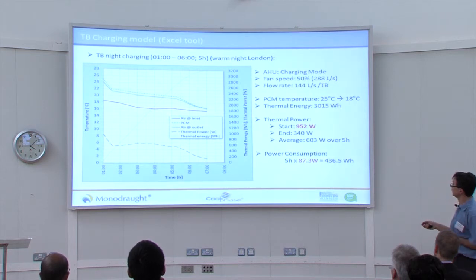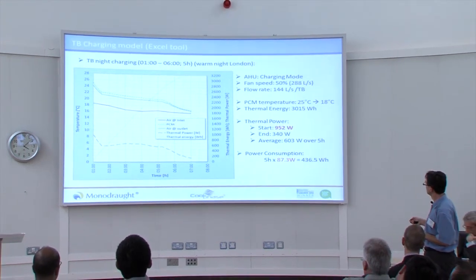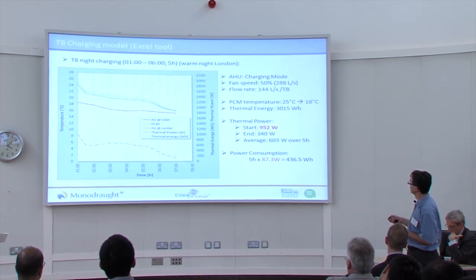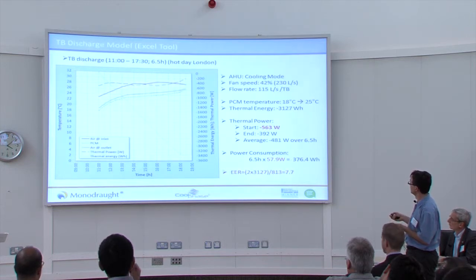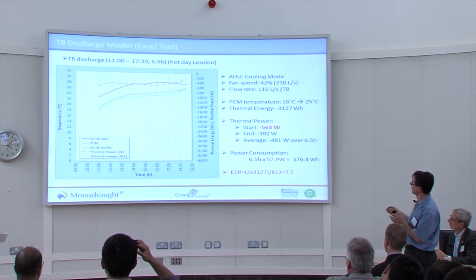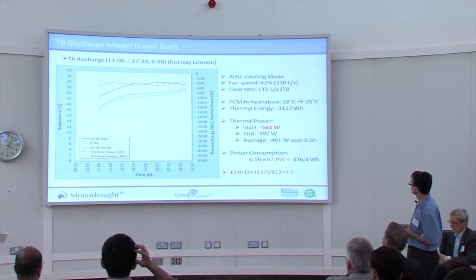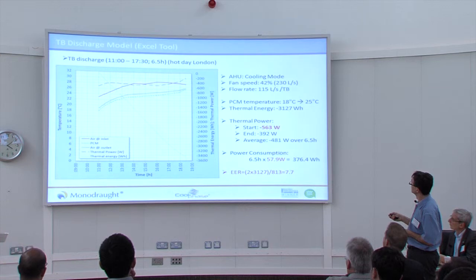During nighttime charging, this is for the old system, we are consuming some electric power over the charging period, and we are getting rid of the thermal power and thermal energy. And at daytime, we are melting the PCM, and we are gaining this sort of thermal energy, and the thermal power, in terms of cooling now, is around 500.